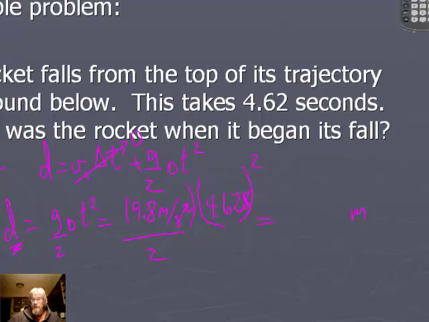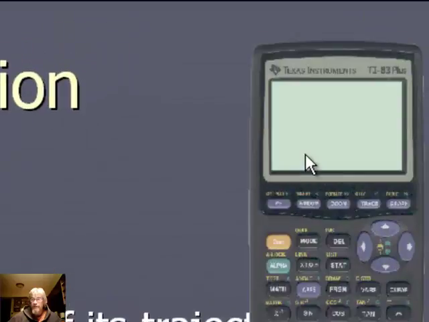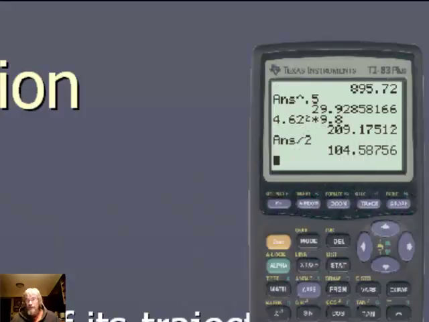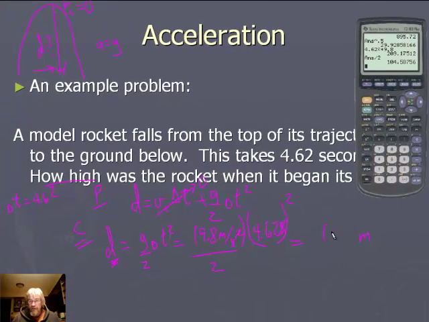I'll take my calculator and figure out what this should be. 4.62 squared times 9.8 meters per square second, and then I'm going to divide that whole thing by 2 to get my answer. And this is telling me that my rocket fell from a height of 105 meters.